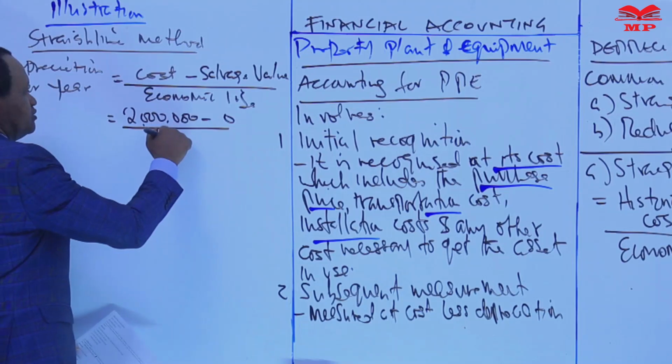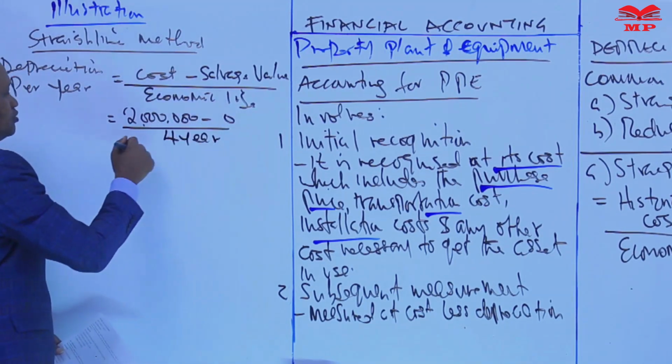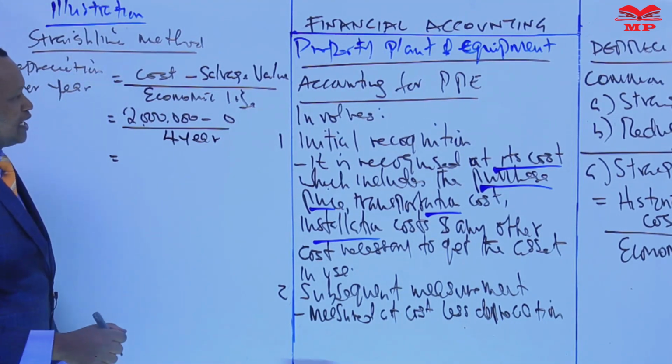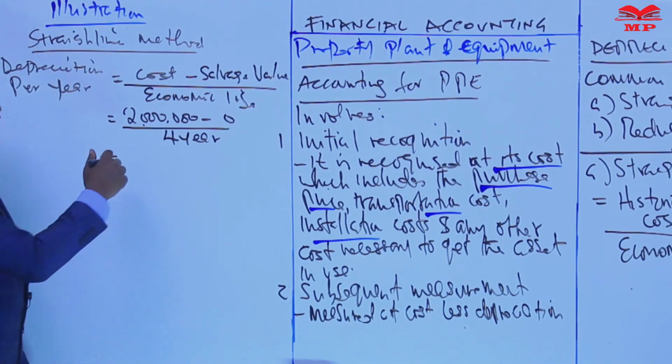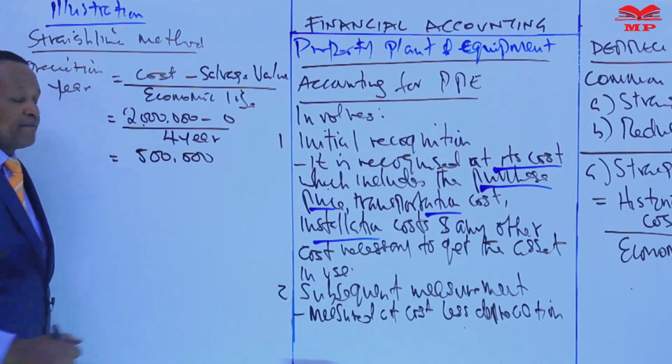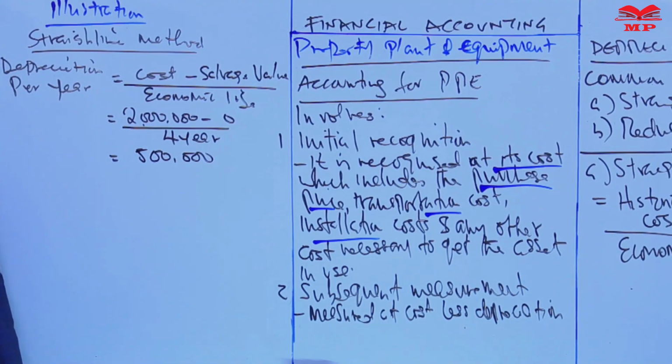What is the depreciation per annum? George, 2 million divided by 4. Is it 500,000?